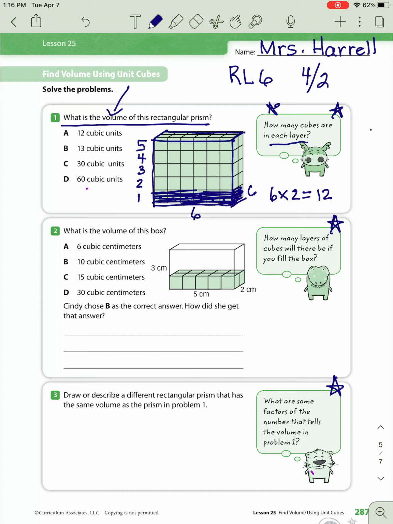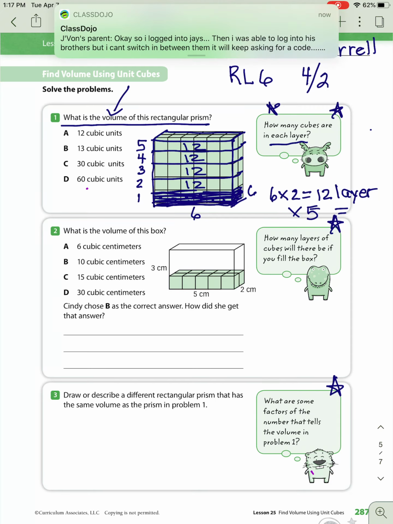remember we can see part of them and half of them we can't see. Then this is 12. This is 12 more. And this is 12 more in this layer. And 12 more, and so on. Okay? And if we have 12 in each layer times 5 layers, then we can multiply that out.